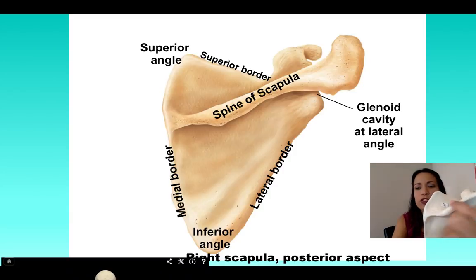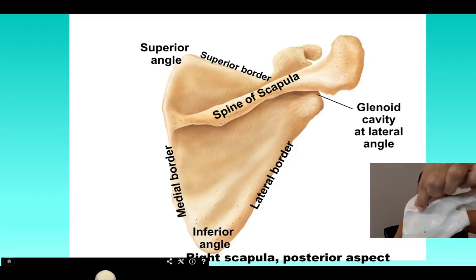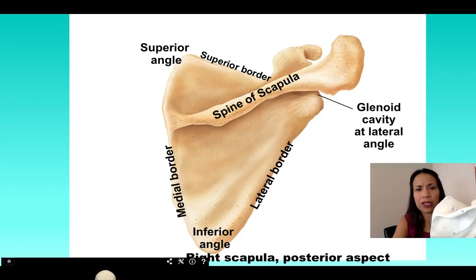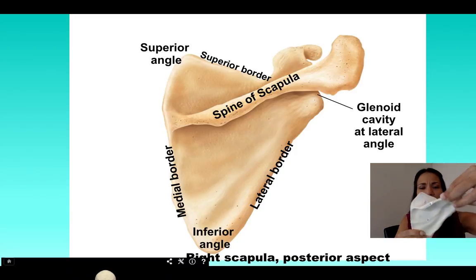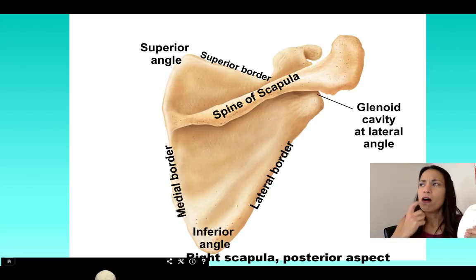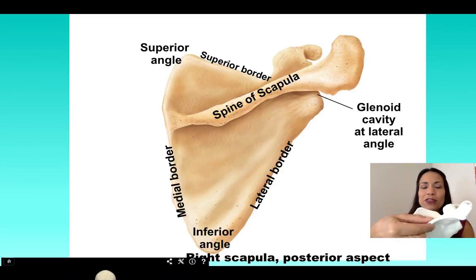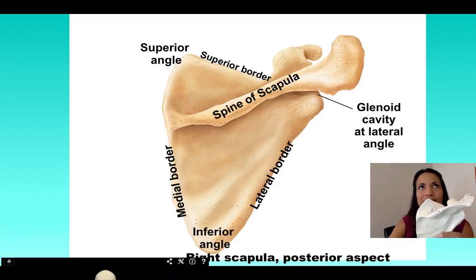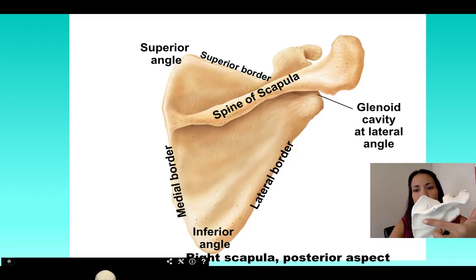Now, this big projection of bone that you cannot miss is called the spine of the scapula. Isn't that easy? And this spine divides the entire posterior surface into two concave fossas. One is above the spine, the other is below the spine.